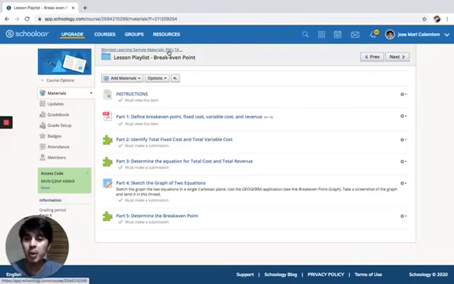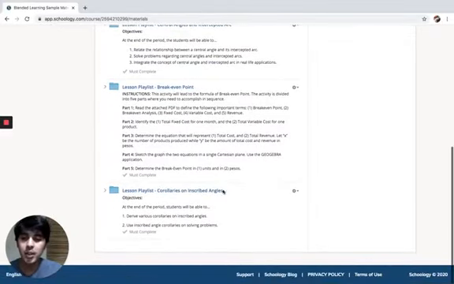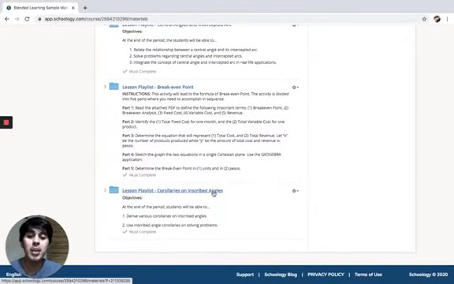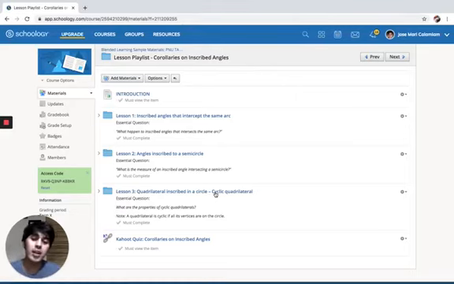So we're done with the break-even point. This time we're going to discuss full discovery, and to exemplify that, we're going to use the lesson playlist for corollaries on inscribed angles. Again, regardless of the augmentation of the lesson playlist, we always start with an introduction, which includes the objectives and the instructions.